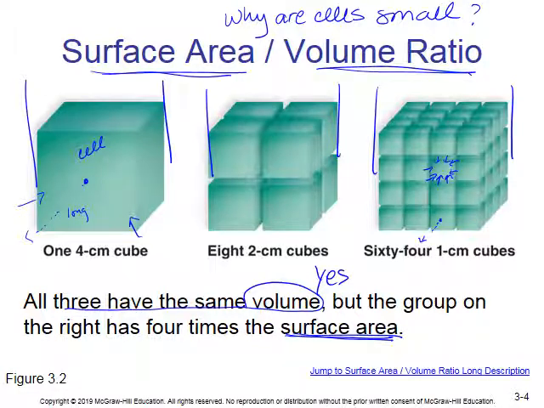Cells are small, and then they're grouped together into tissue, because by having a really small cell, you have increased surface area compared to volume, and this allows us to take in more nutrients and release more waste and do it more efficiently.